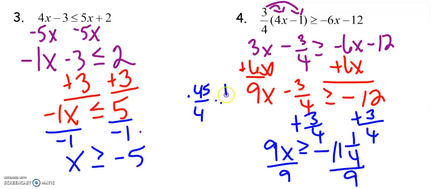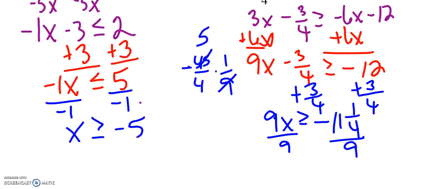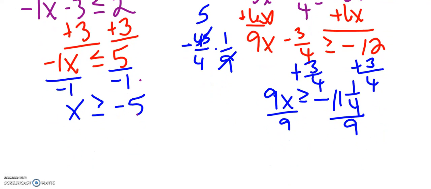Divided by 9 is the same thing as times 1/9. If we multiply those fractions together, we get -1 and 1/4. We don't reverse the inequality this time because we divided by a positive 9. So we have x is greater than or equal to -1 and 1/4.